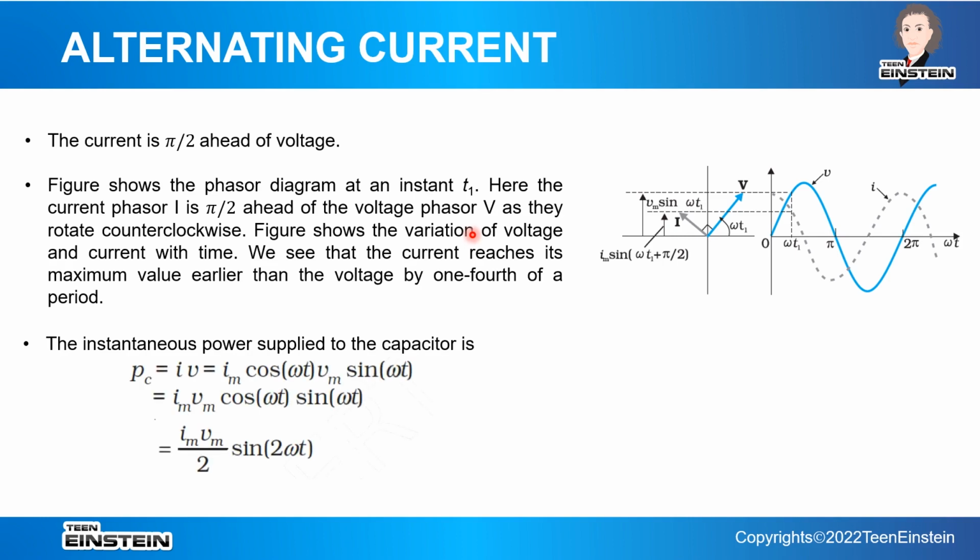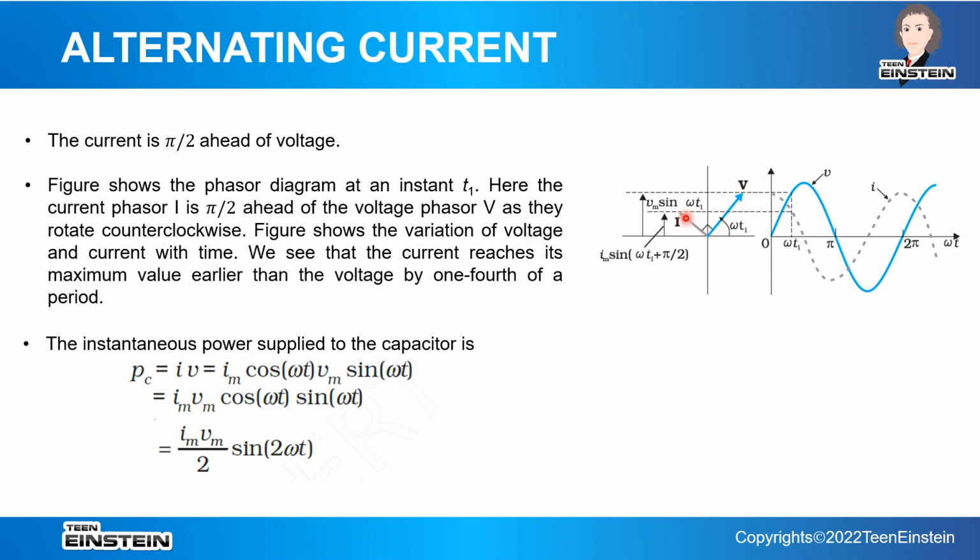Now let's look at this value of current a little bit more closely and see how it relates with the voltage. When I say voltage, I mean the applied voltage. So here the current is pi by 2 ahead of the applied voltage. Let's look at the phasor diagram. We talked about what a phasor diagram is in the previous lectures. The phasor diagram has two vectors here.